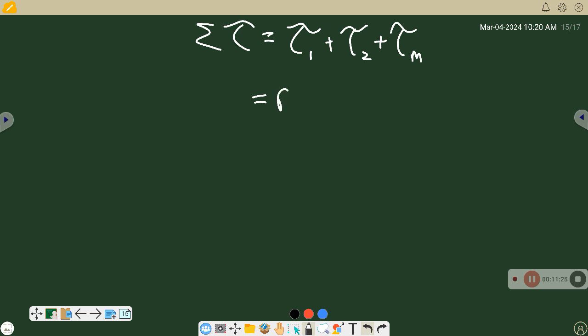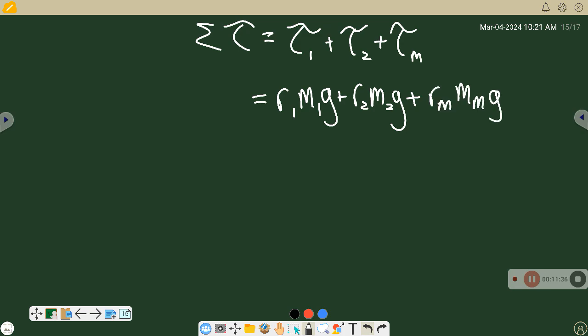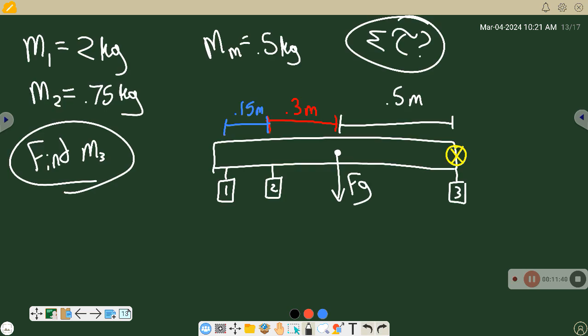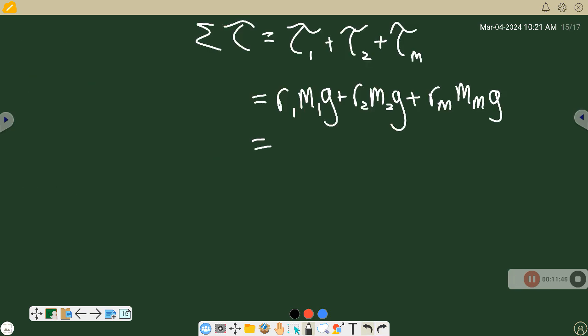We have lever arm, mass, gravity, lever arm, mass, gravity, lever arm, mass, gravity. Okay, lever arm of object 1, looking back at our picture, ooh, it's a long one. It's all the way over there. So it's actually going to be all those numbers added together for 0.95.